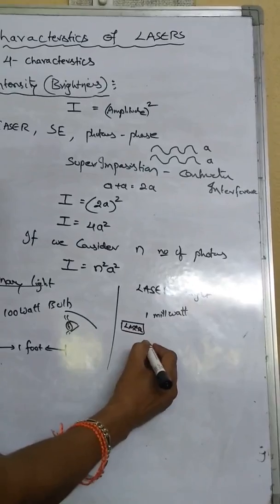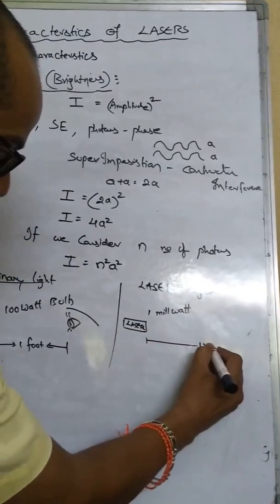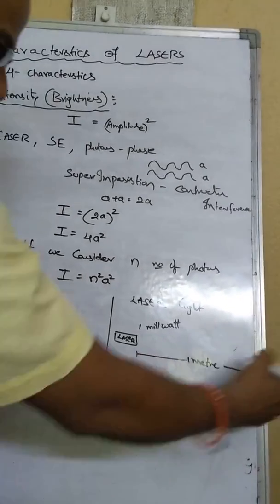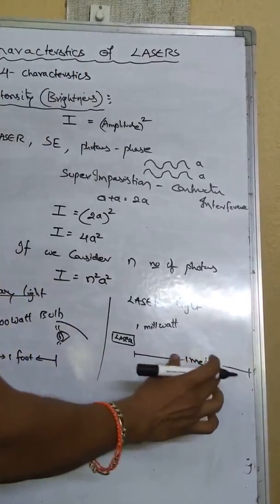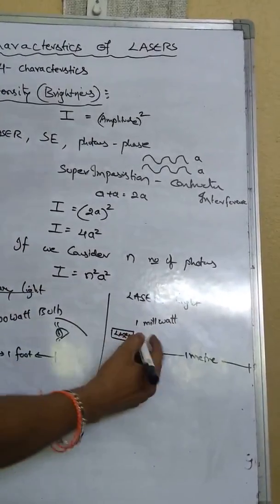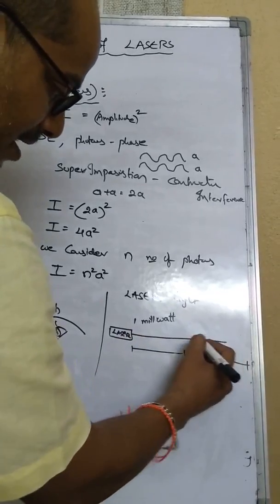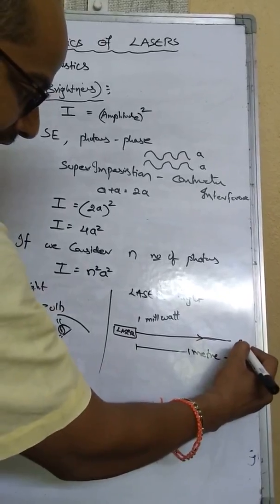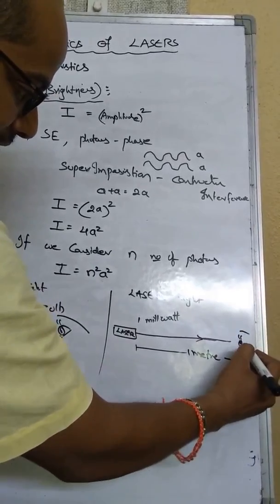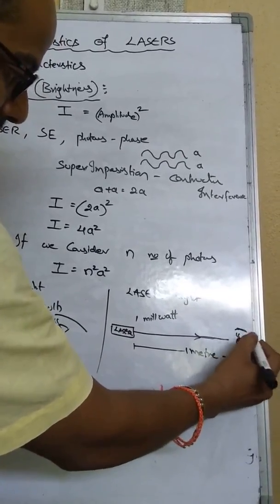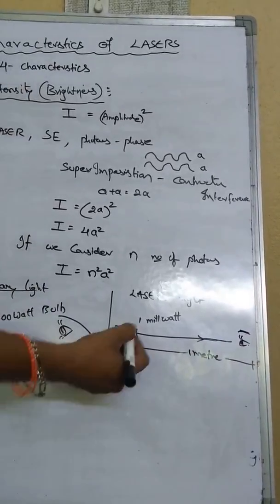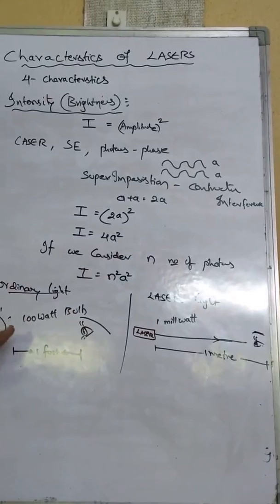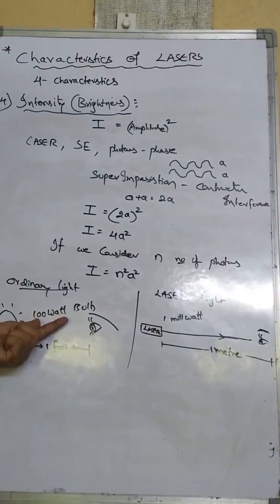Even at a distance of 1 meter you cannot view it, because the laser beam damages the retina of your eye. This is due to high brightness. So this is the clarification of the diagram for the intensity.